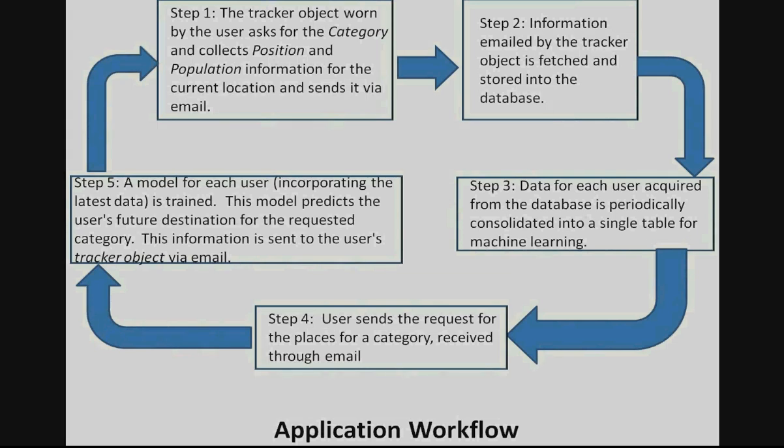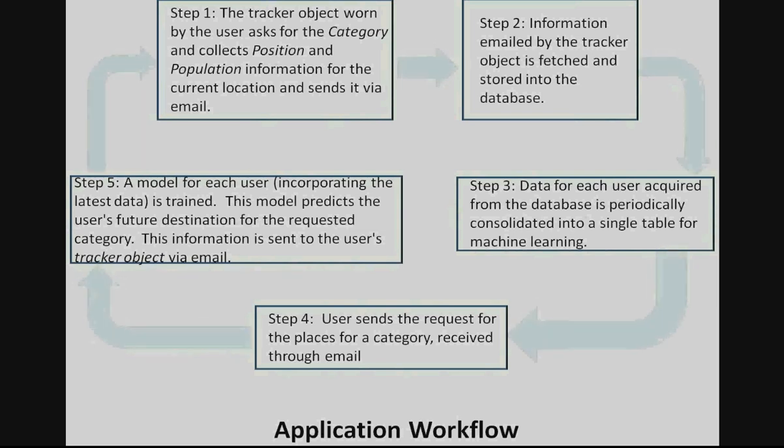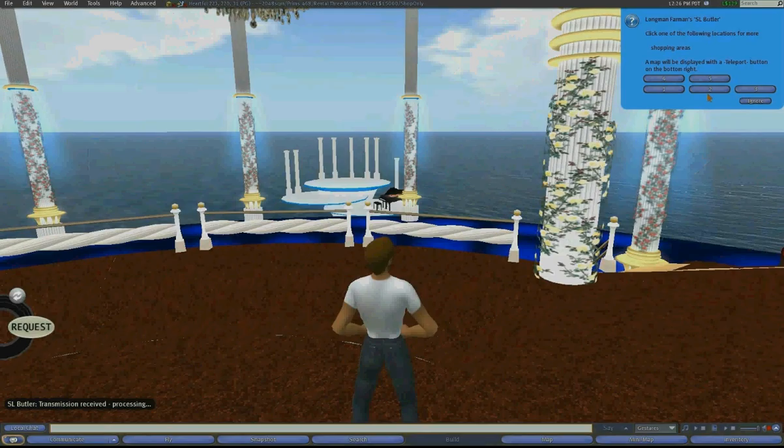This constitutes step 5 and the last step in our application workflow, where a model for each user is trained and is used to predict the user's future destination for the requested category. This information is sent back to the user via email, and it displays in the form of 5 options that you will see in the top left corner of the user's view.